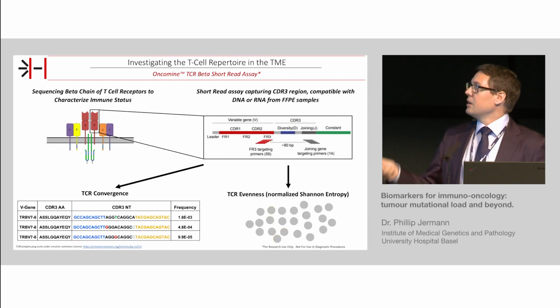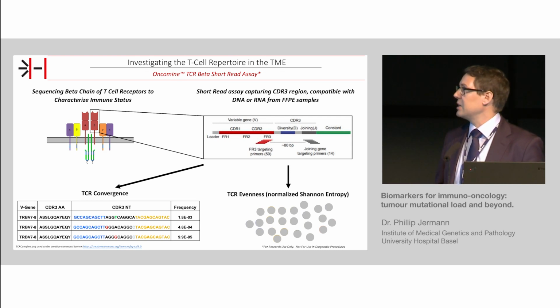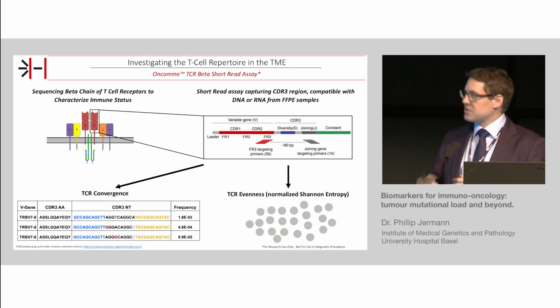More specifically, we look at the T cell receptor beta chain using the recently launched Oncomine TCR beta assay, which in one of its two versions is compatible with the FFPE blocks that we used to assess TMB. So we again went to the same cohort, and from the same material we now extracted RNA.